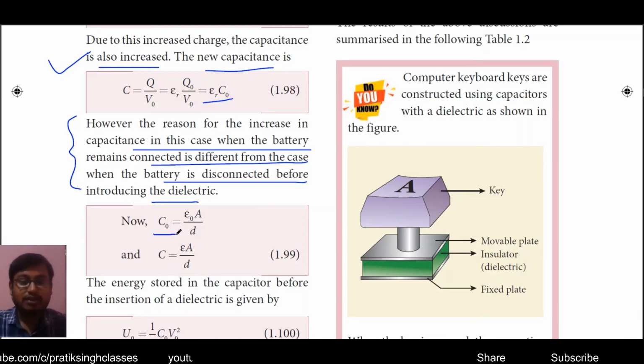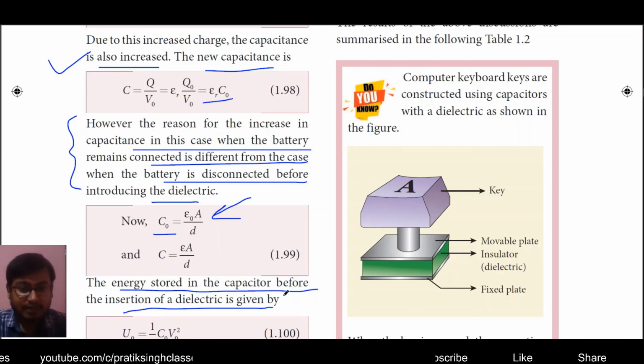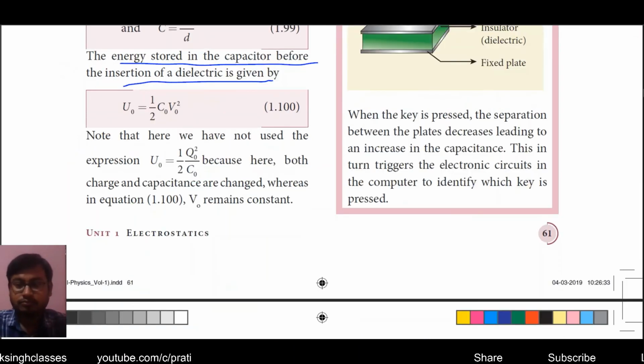Now C naught is equal to epsilon naught A by D, or C is equal to epsilon A by D. The energy stored in the capacitor before the insertion of dielectric is given by equation 1.100, that is U naught is equal to half into C naught into V naught square.